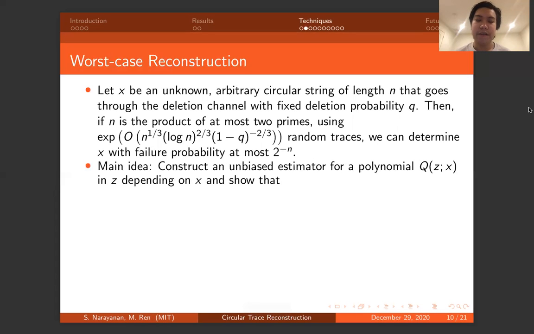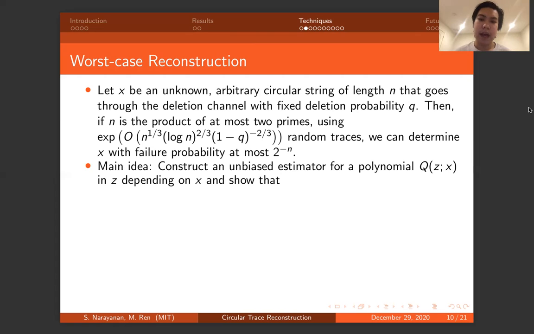The main idea of our algorithm is that we want to construct a certain polynomial q(z, x), a polynomial in z that depends on x, and we want to find an unbiased estimator for this polynomial that we can compute just based on the traces of x. Essentially, we want to answer the question of whether the traces we see are coming from some string x or some string y.